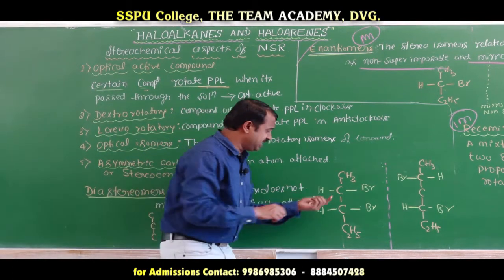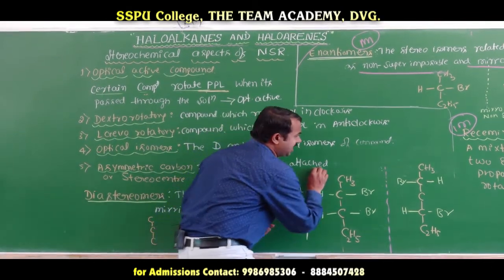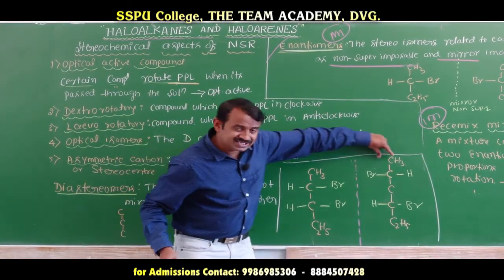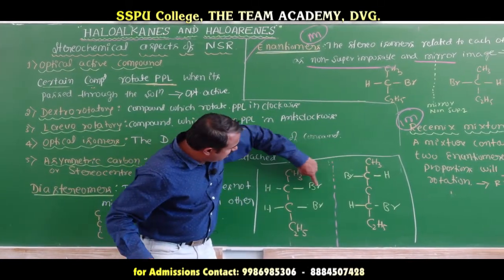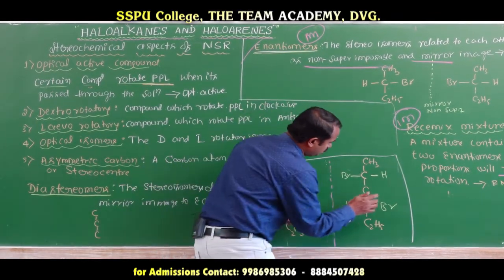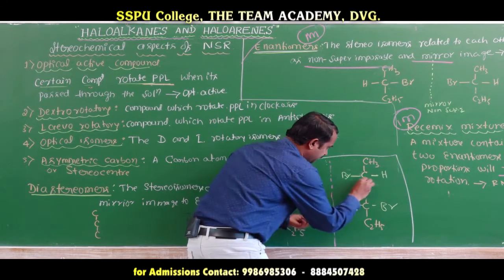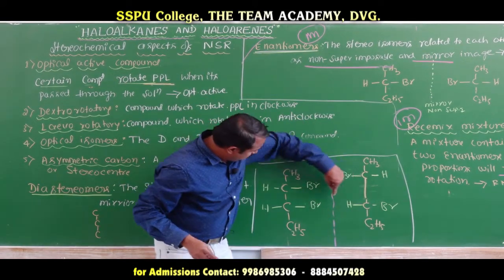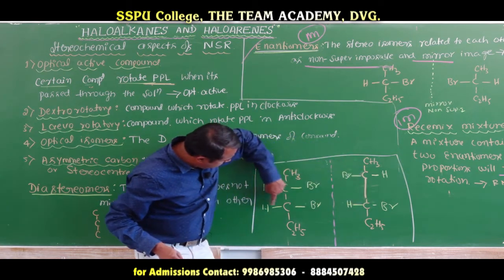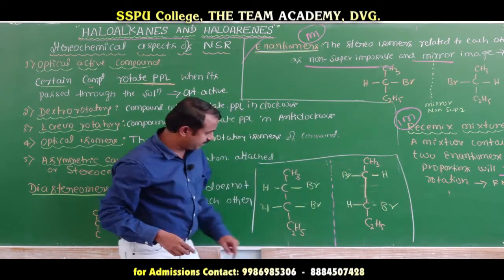It means the compound has a stereo center. Listen here: CH3, CH3, CHBr, CHBr. Next, another compound: CHBr, CHBr, CHBr, CHBr, C2H5.